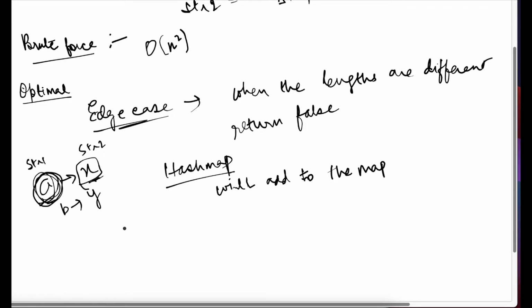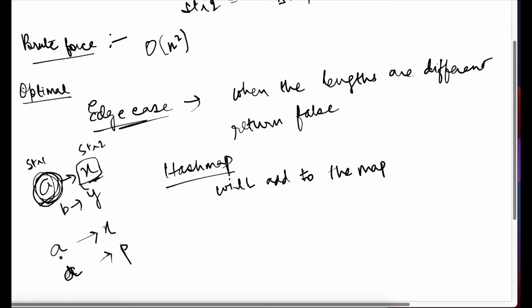Now, in what cases we should not be adding to the hash map becomes important. It may happen that A is pointing to X, like we saw in another example, and then A was also pointing to another character, let's say P. In this case, does this have a one-to-one mapping?